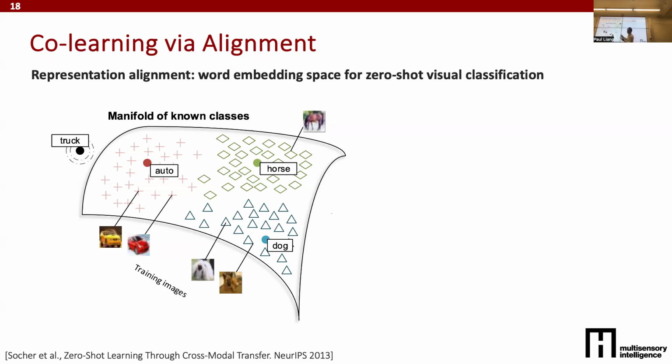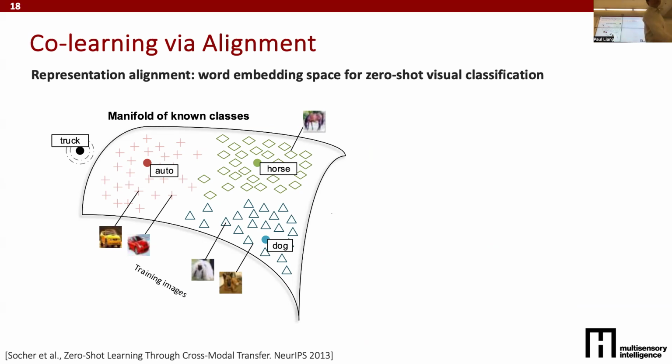And basically you learn this aligned representation space where maybe the word embedding for auto is over here, and nearby you have image embeddings that were embedded into this space. And you have this similarity function. So the word embedding nearby has all the image representations of cars. And likewise, the word embedding for horse, and these images of horses embedded, and for dog.